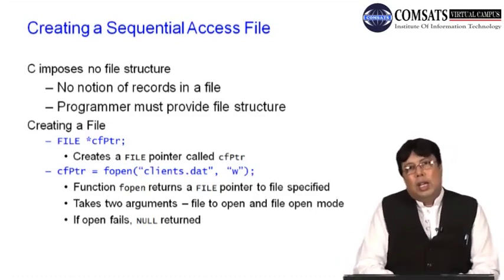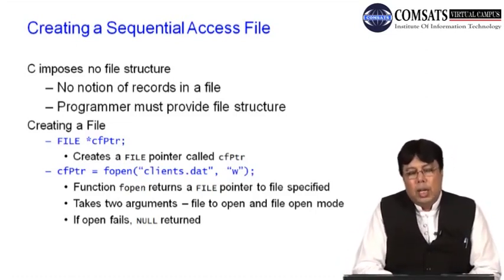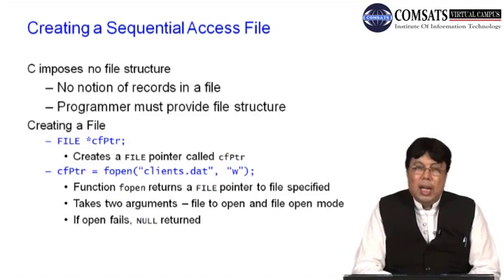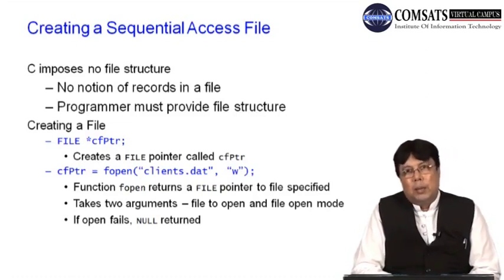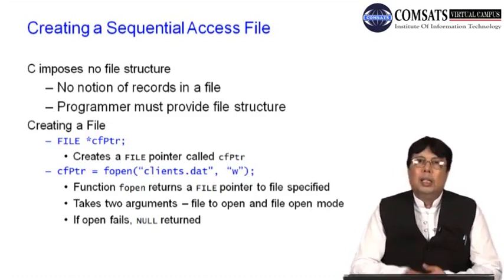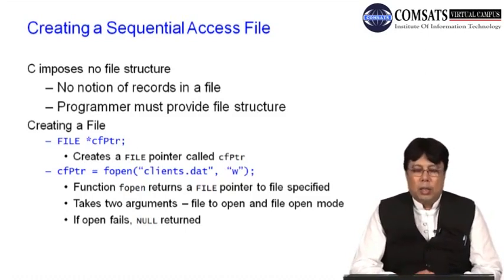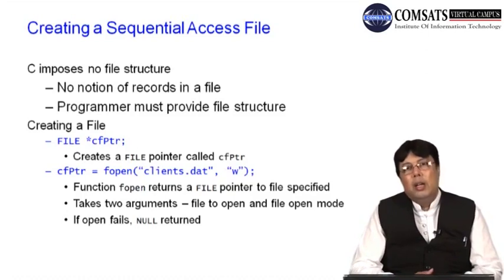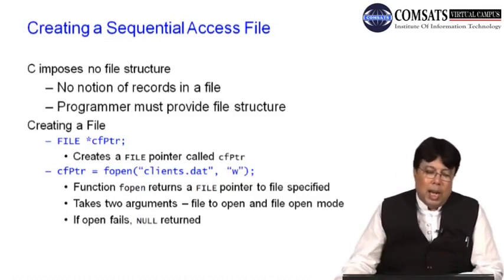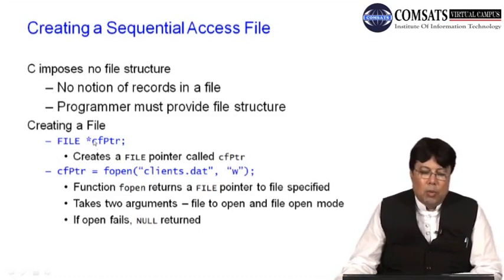So how can we create a file? First of all, we need to create a file pointer, and the type of that file pointer, the prototype of that file pointer, is FILE, usually written in uppercase, then a pointer, and then you can use any variable name that you want.